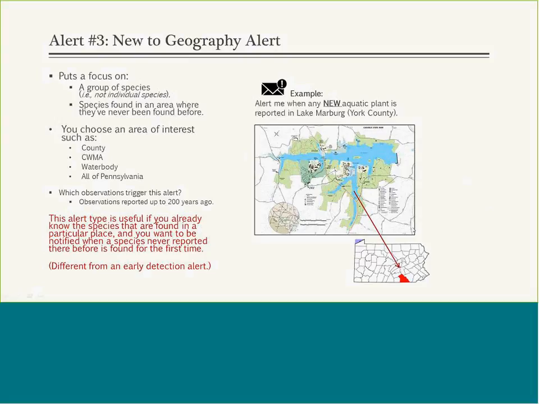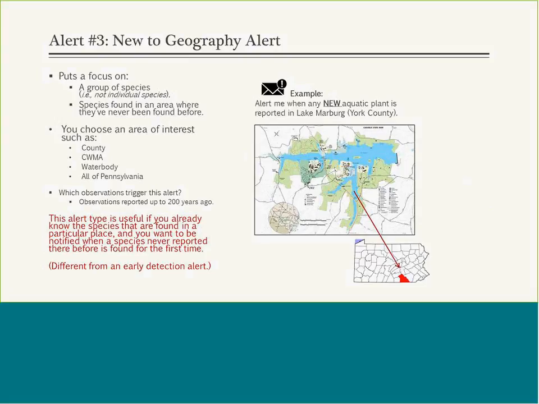The last type of email alert is called a new to geography alert. It's a little bit different. It's going to put a focus on a grouping of species. This is not an alert for an individual species; this is always going to be for a grouping of species. It's also going to put a focus on species that are found in an area where they've never been found before.